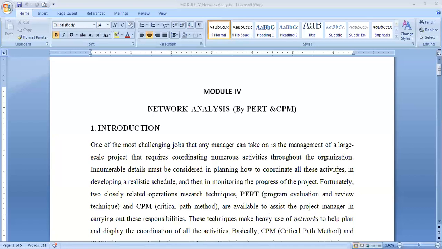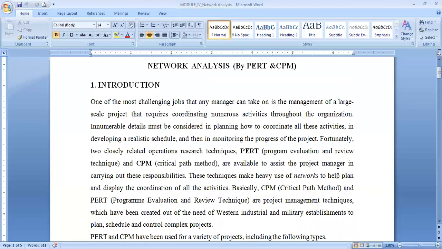Dear friends, please remember that PERT and CPM, the network analysis techniques, make use of a network. The network means a graphical representation of all the activities which are involved in the project. This network represents three important aspects of the project.